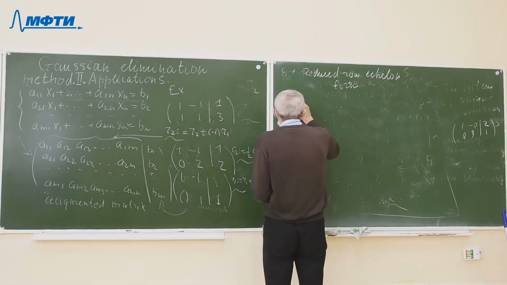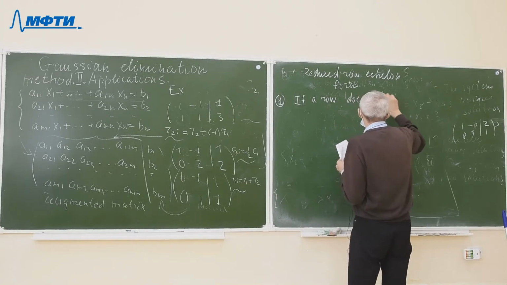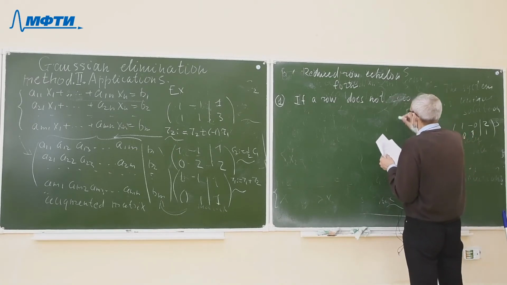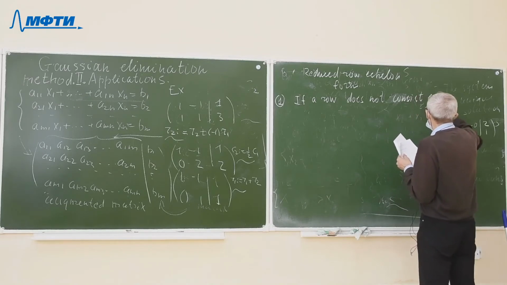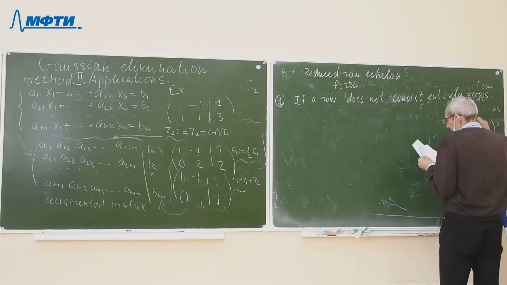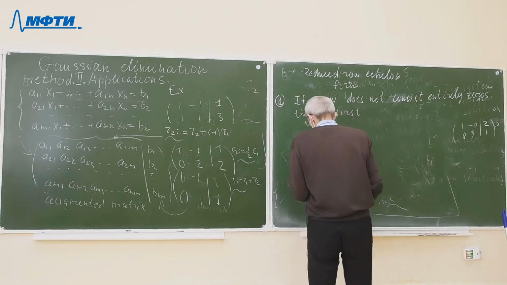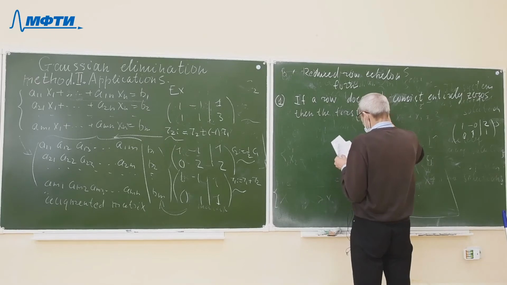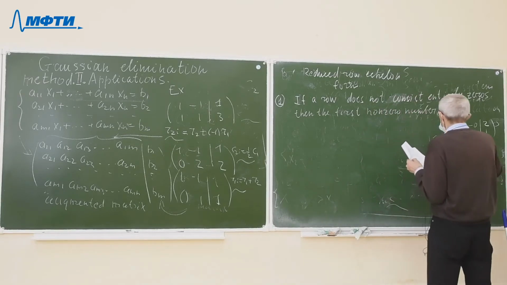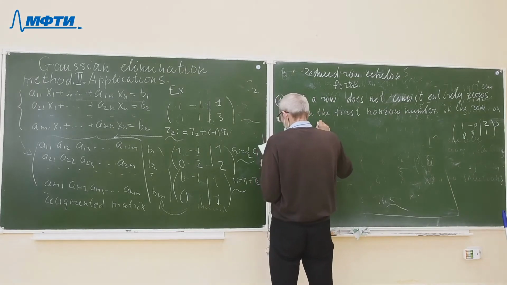First property: if a row does not consist entirely of zeros, then the first non-zero number in the row is a 1.